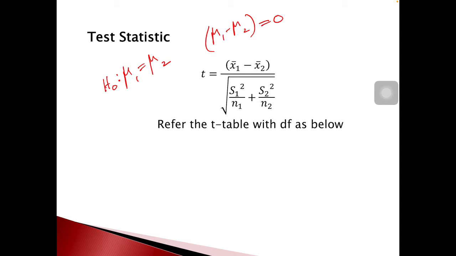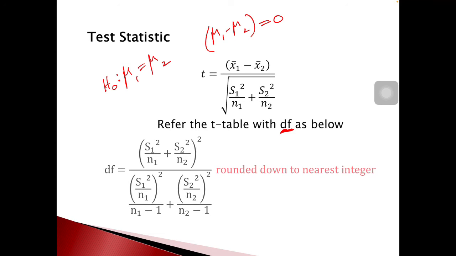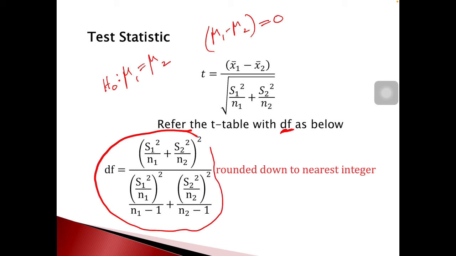We can refer to the t table, but before that we need the degree of freedom. So how do we calculate it? Plug the values into this formula. Use your graphing calculators to calculate this degree of freedom and then round its value down to the nearest integer. I will show you how we do this a few slides later.